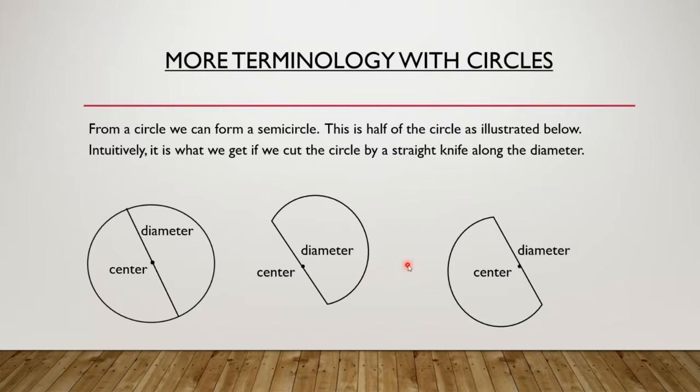And the area, we'll also get to that shortly. The area for a semicircle is half of that for a circle. So we'll get that. Okay, so that's what a semicircle is. It will come up a little bit.